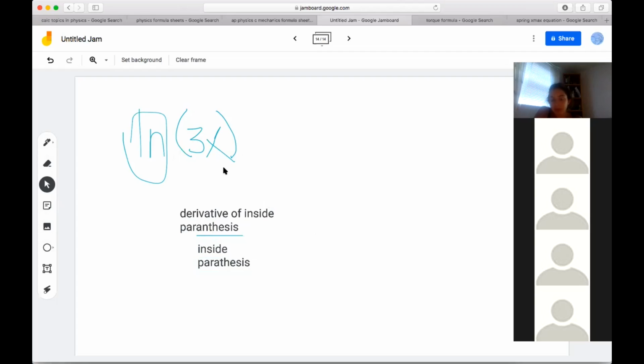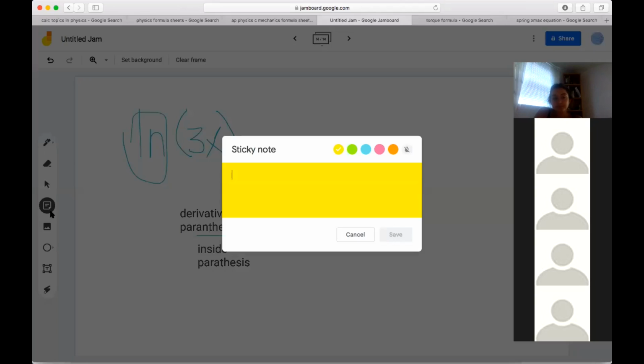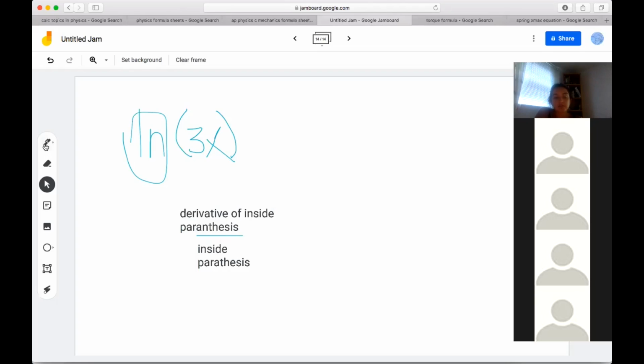So what's the derivative of 3x? It's 3. And what's inside the parentheses is 3x. So we just have 3 over 3x, and this cancels to 1 over x. And that's the derivative.